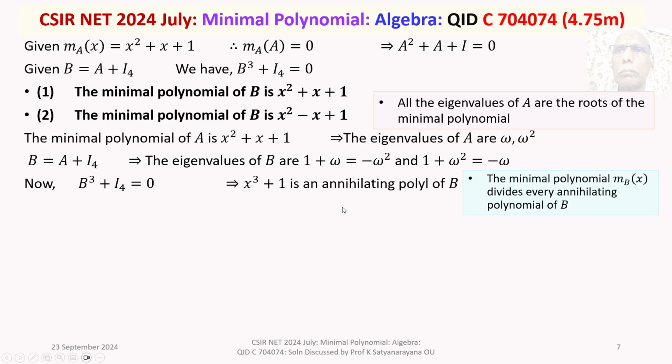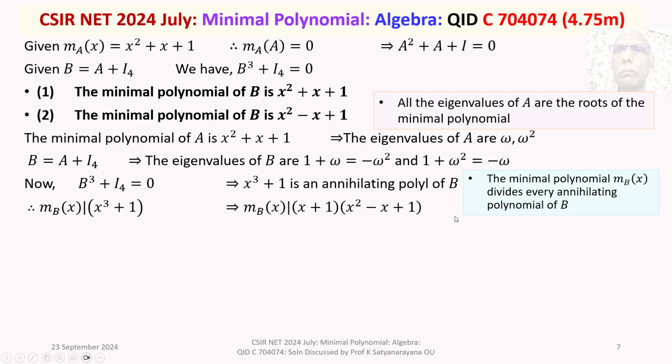So therefore, the minimal polynomial of B divides x cube plus 1. So the minimal polynomial of B divides x cube plus 1 implies the minimal polynomial of B divides (x plus 1) into (x square minus x plus 1). This is a factorization.